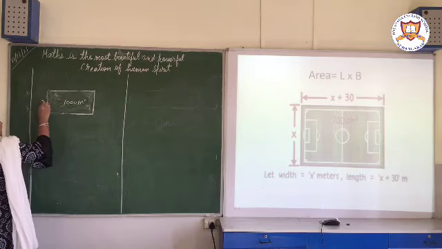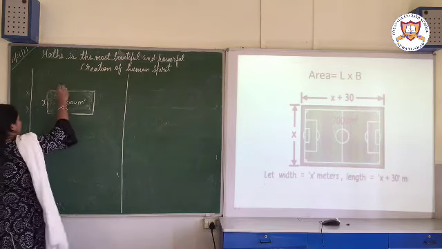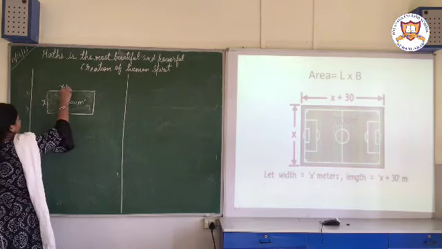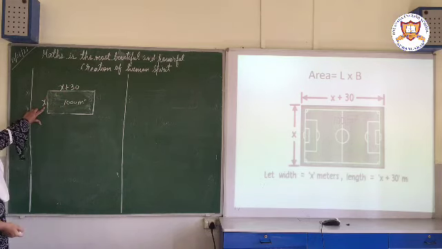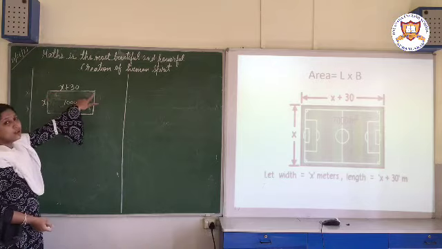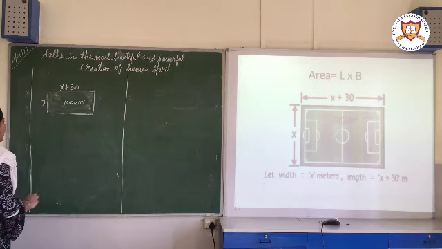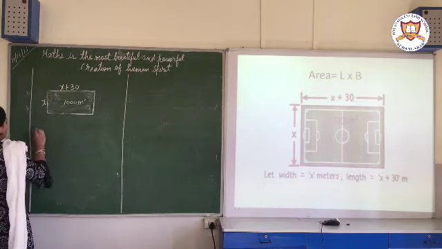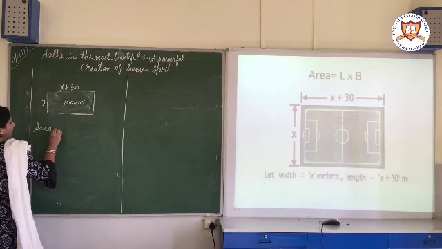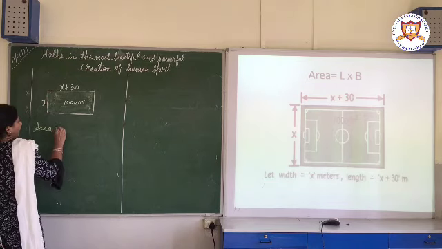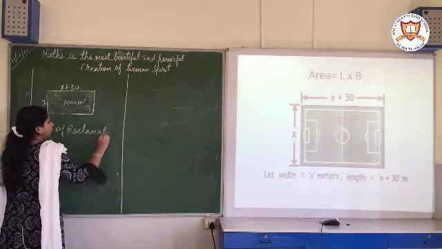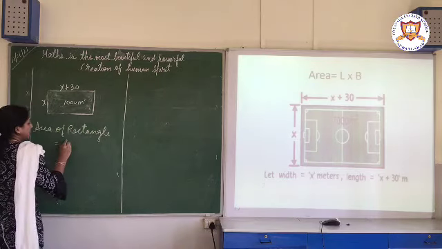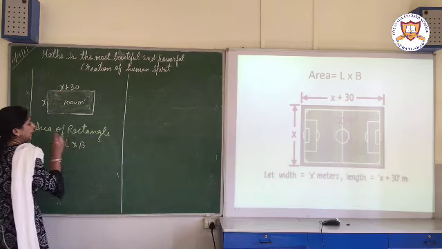So if we take the breadth as x and the length as x plus 30, so this is your breadth or width and this is your length. You know the formula for the area of a rectangle: length into breadth.